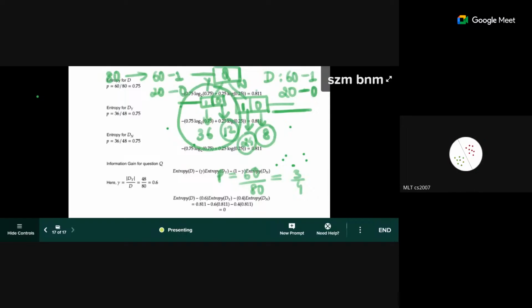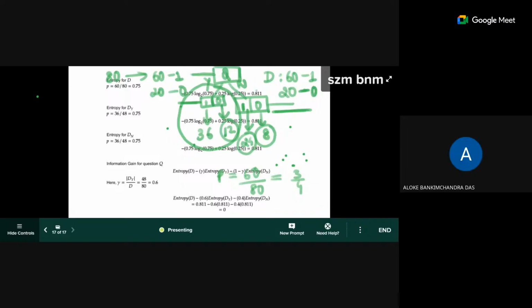Basically it is a percentage: entropy of D minus gamma times entropy of DS minus (1 minus gamma) times entropy of DN. If this figure is, say, 0.2, then can we say it is a 20% improvement, an information gain?